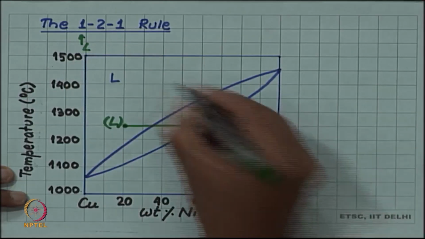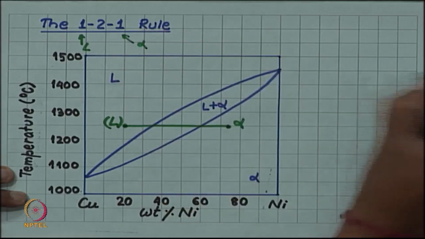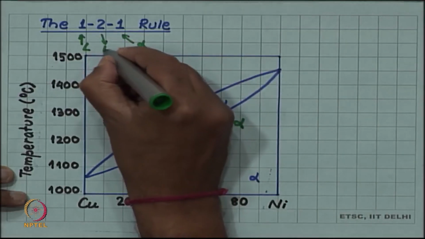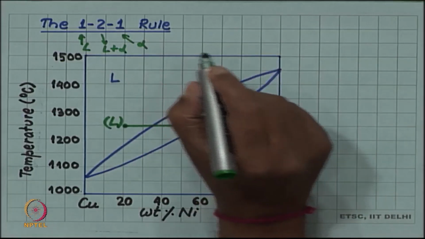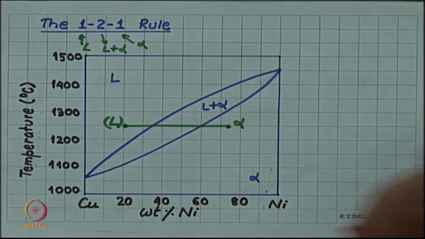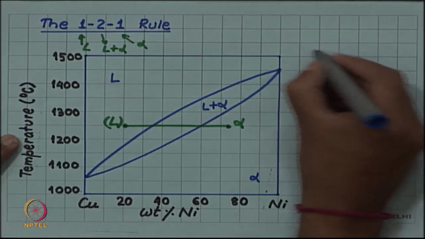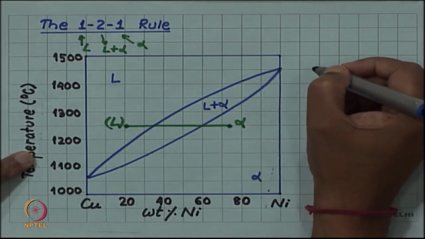At another end I have another single phase, alpha. Then in between there has to be a region where a mixture of these two phases is present. So, liquid plus alpha. This is always true in a binary phase diagram, and we call this by the name 1-to-1 rule, although this name is not very common in literature, but we will be using it in this course.